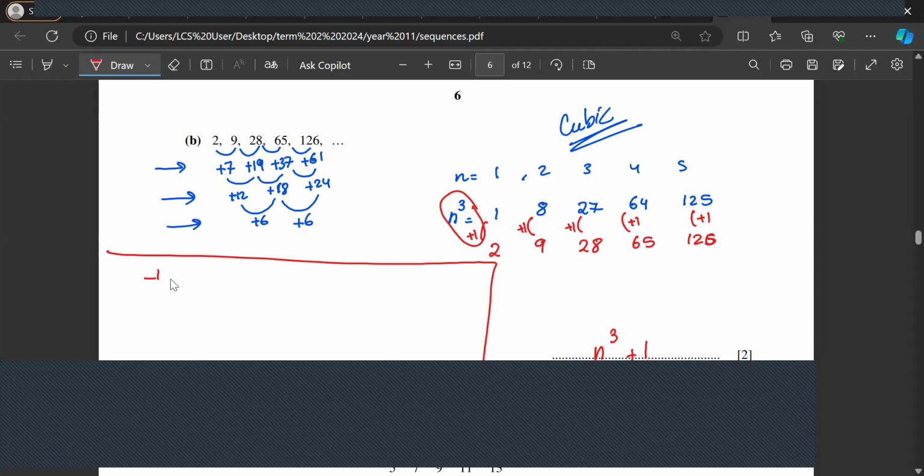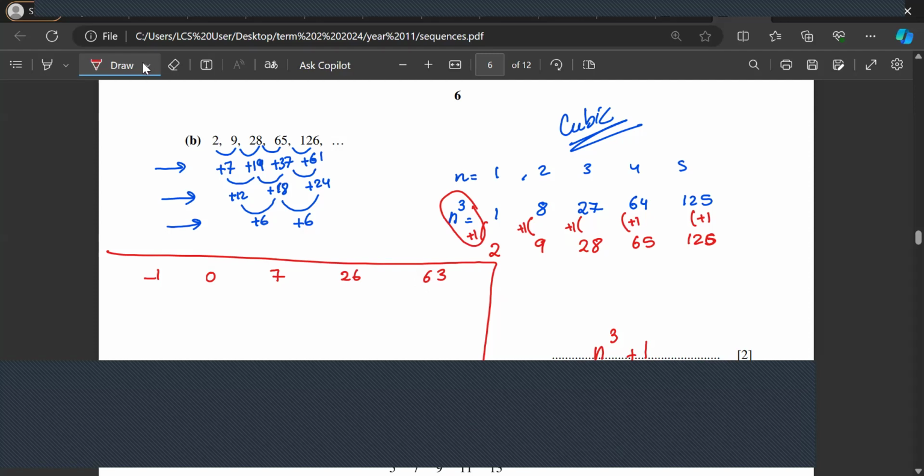If it is -1, 0, 7, 26, 63. Okay. Now, if you found the difference, it will be 1, 7, 19, 37. And if you got the other difference, it will be 6 and so on. Then it will be the third, so it is the cubic function. Okay, I know it is a cubic function.